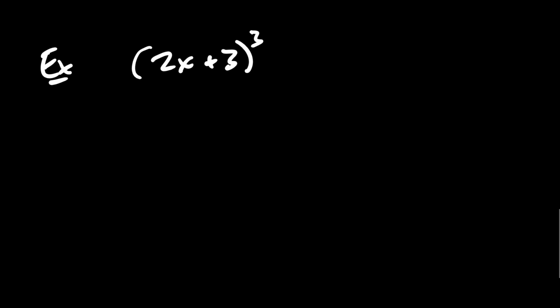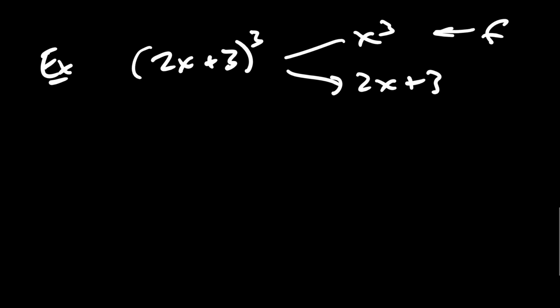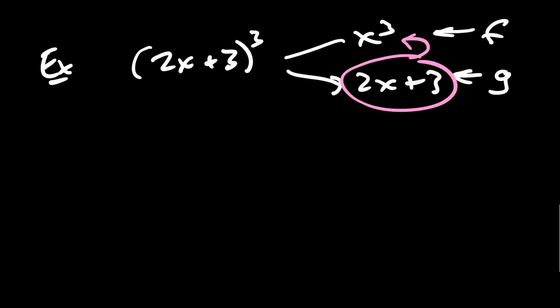So there's two functions here. There's x cubed, and then there's 2x plus 3 inside of that. So this would be your f, and this would be your g. Plugging g into f gives you all of this.